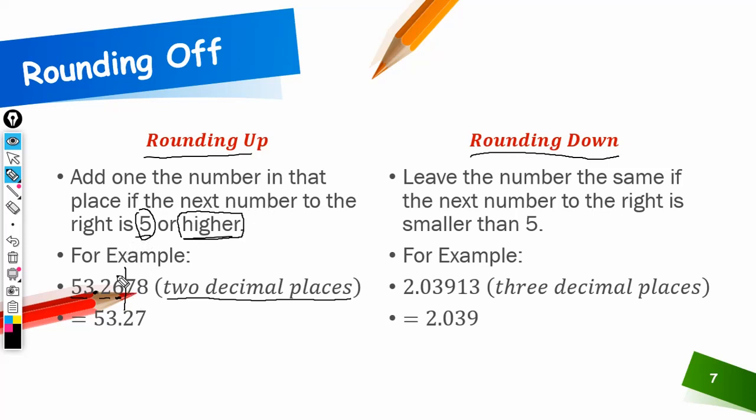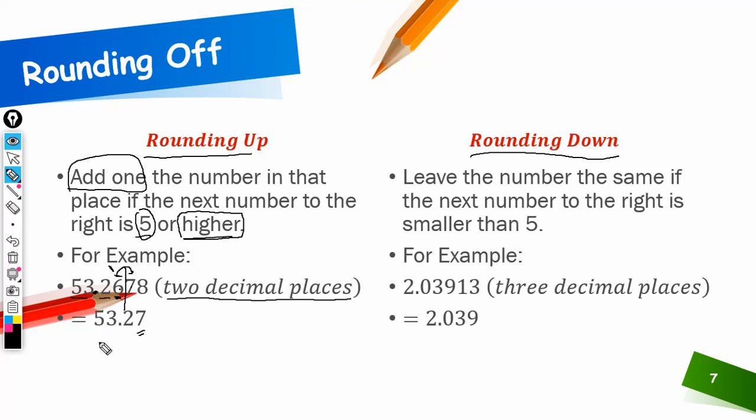Jadi lihat angka di sebelah kanannya. The next number is 7. 7 is higher than 5. Lebih besar dari 5. Okay, so we add 1, tambah 1 ke sini. 1 plus 6 is 7.